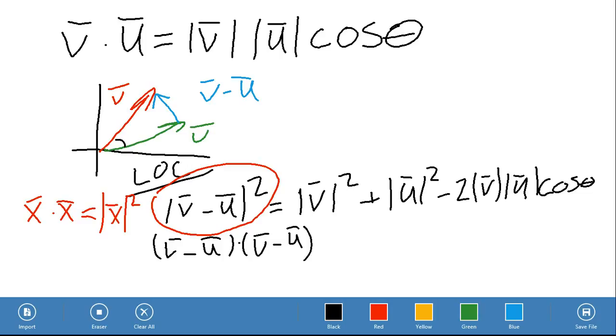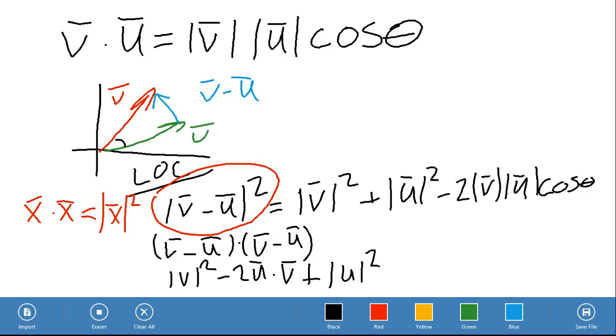So this left side of the equation becomes the length of v squared minus u dot v. If we FOIL here, it's going to be minus u dot v and then minus another u dot v. So minus 2 u dot v, and then we're going to have a plus u dot u, or plus the length of u squared.